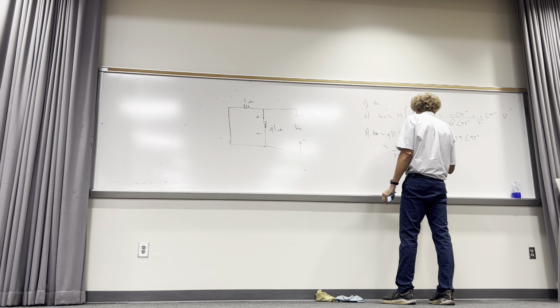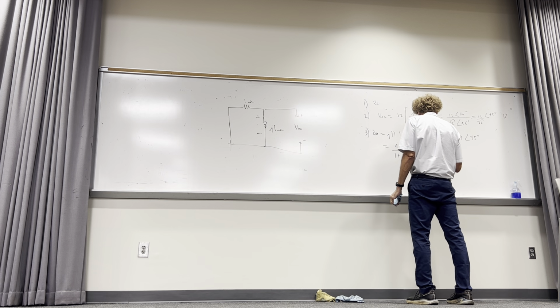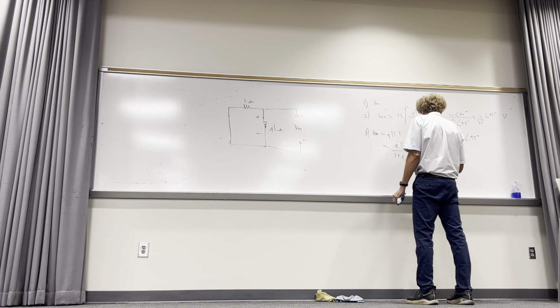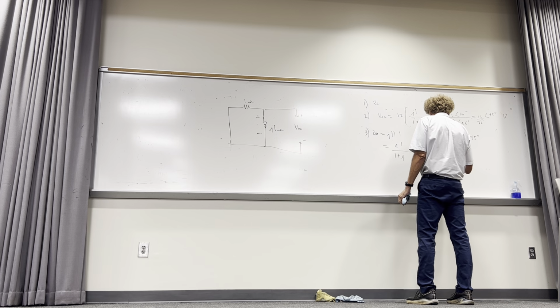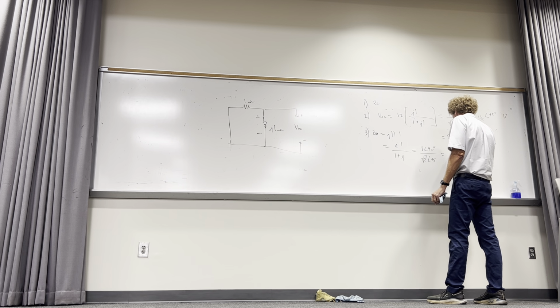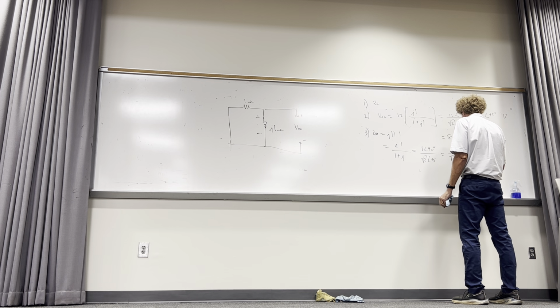And that's 1 at an angle of 90 degrees over square root of 2 at an angle of 45. So it's 1 over the square root of 2 at an angle of 45 degrees.